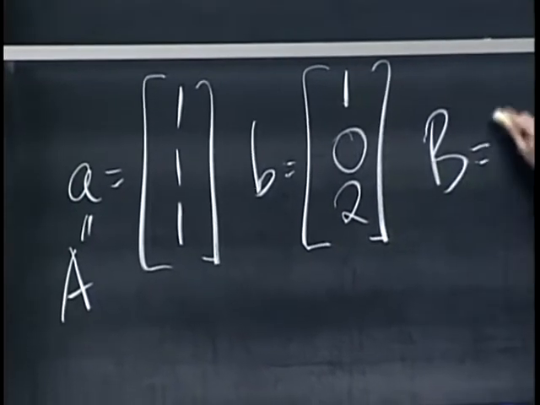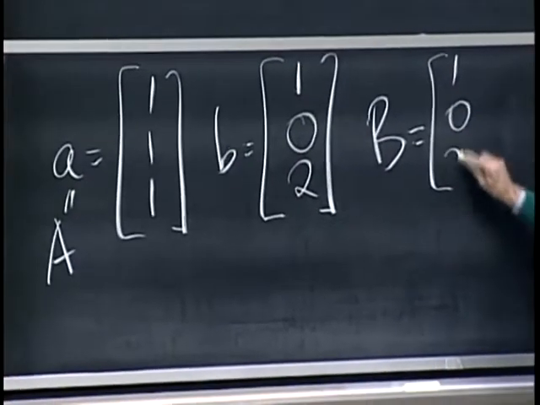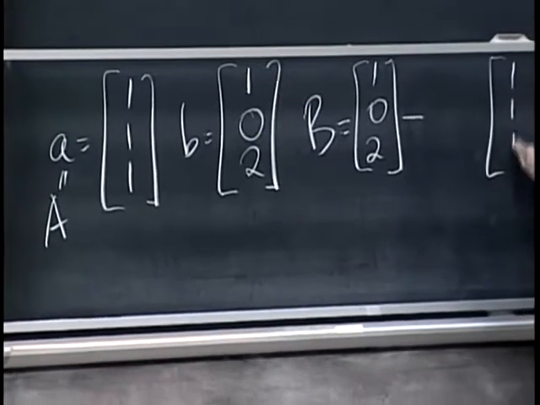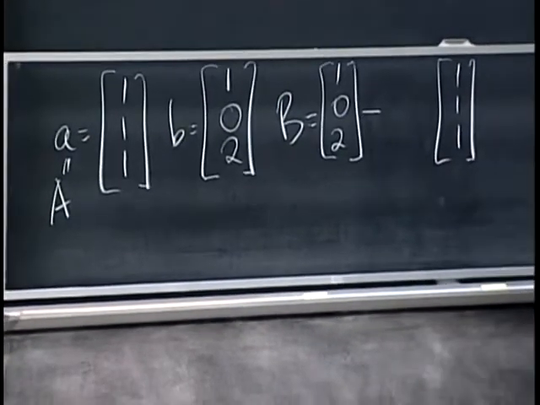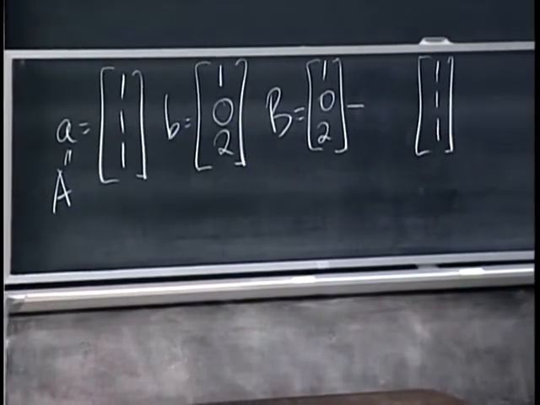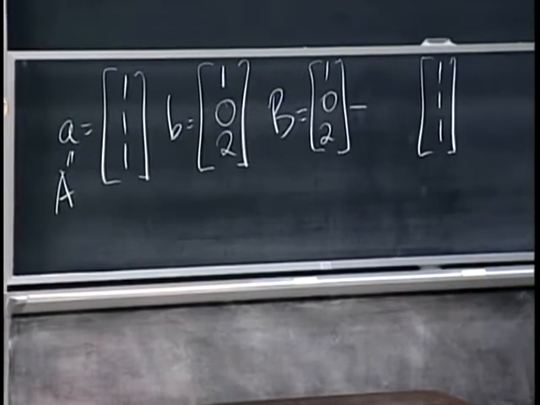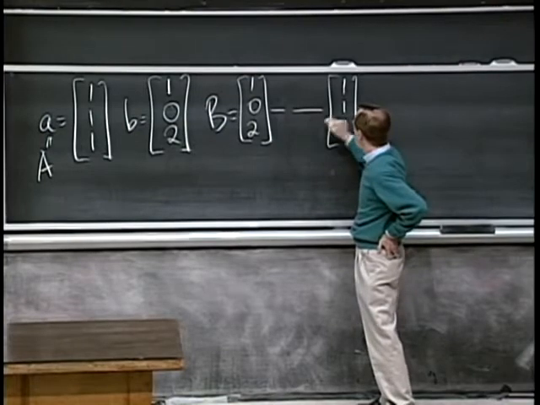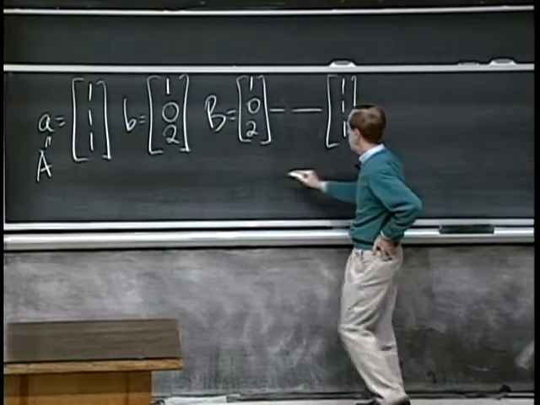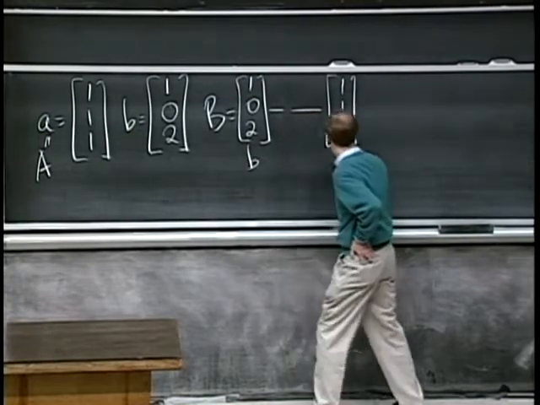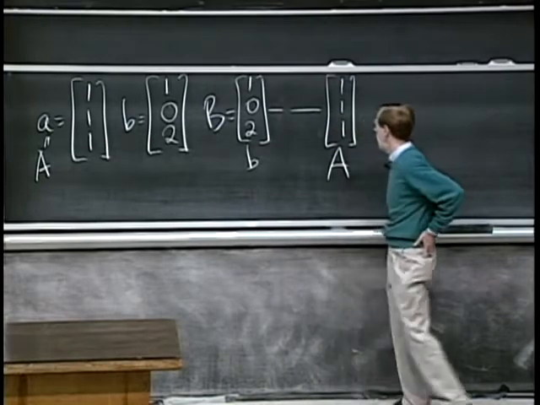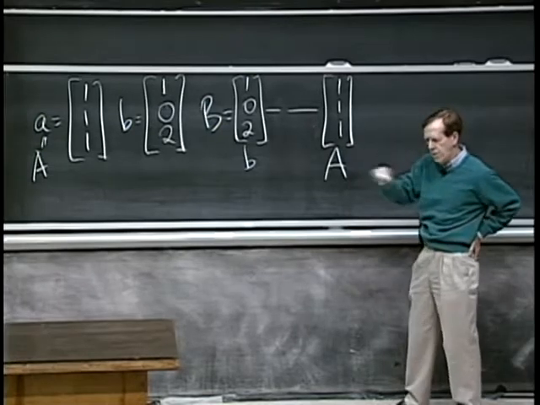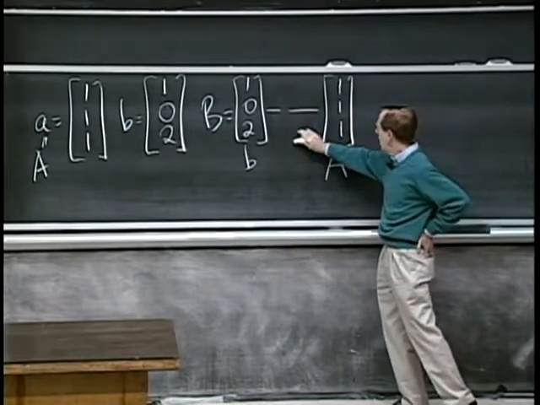So B is the original B, and then I subtract off some multiple of A. And what's the multiple? Here's the A. This is the little b, this is the big A, also the little a, and I want to multiply it by the right ratio, which has A transpose A.